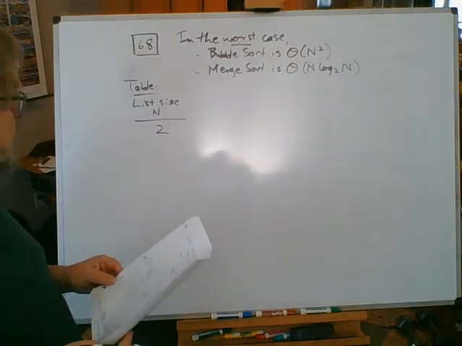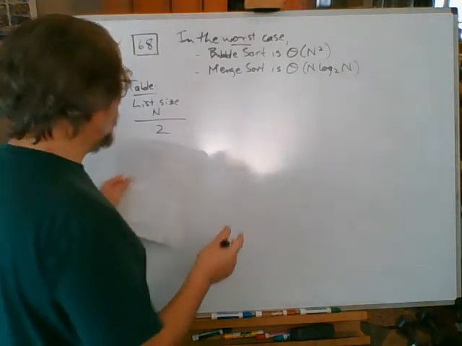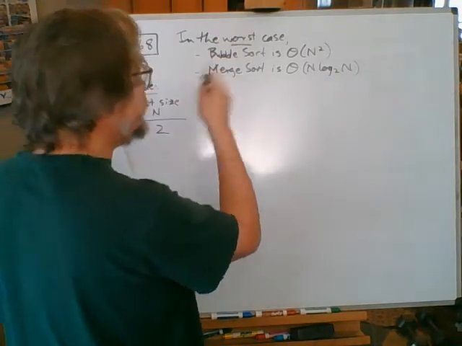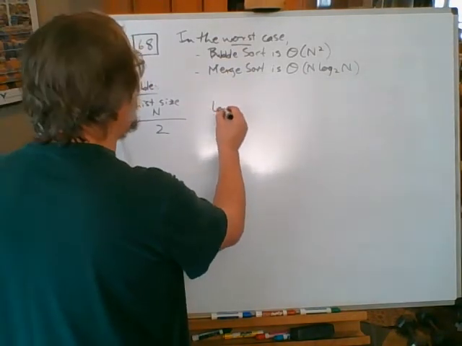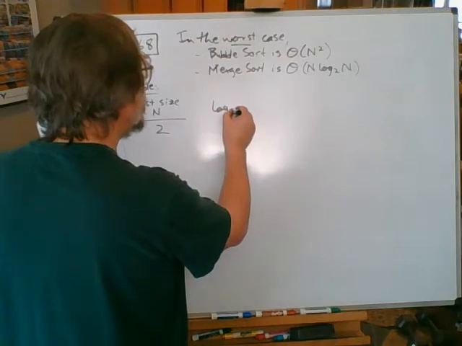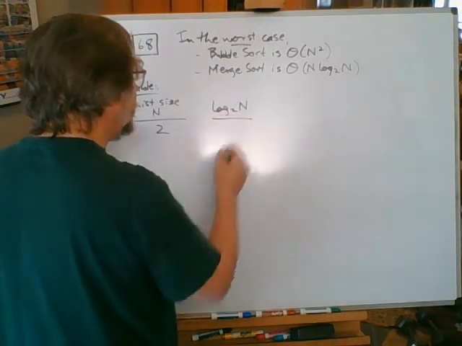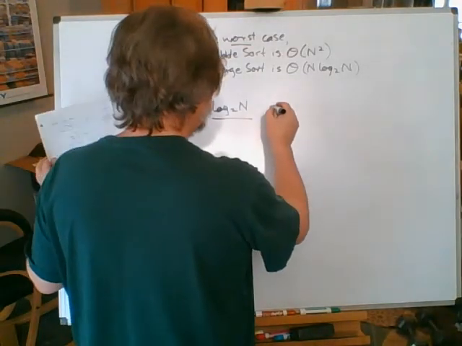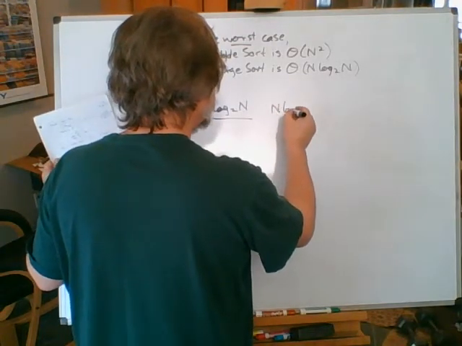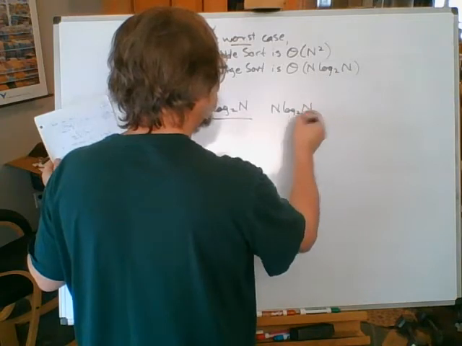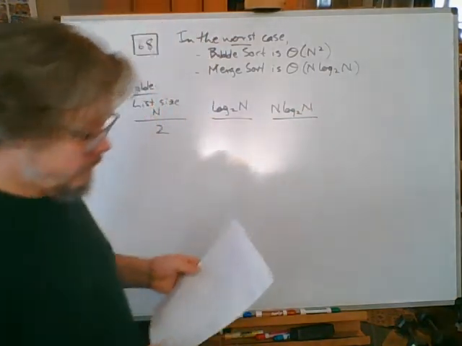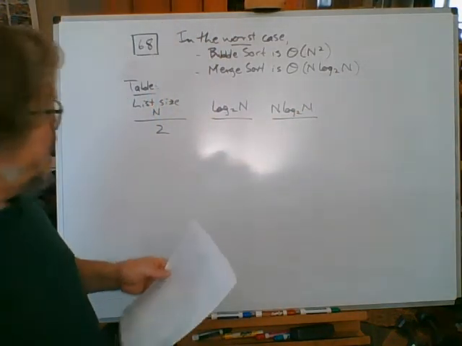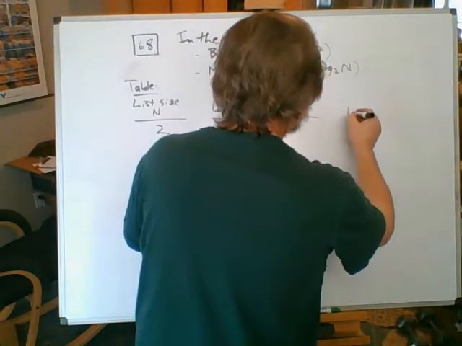Tables need more columns. Log base 2 of n. There comes that log again. Let's ramp it up: n times log base 2 of n. And the last column, n squared.